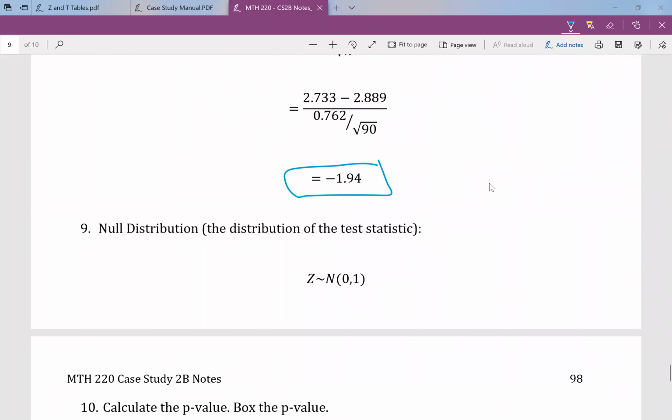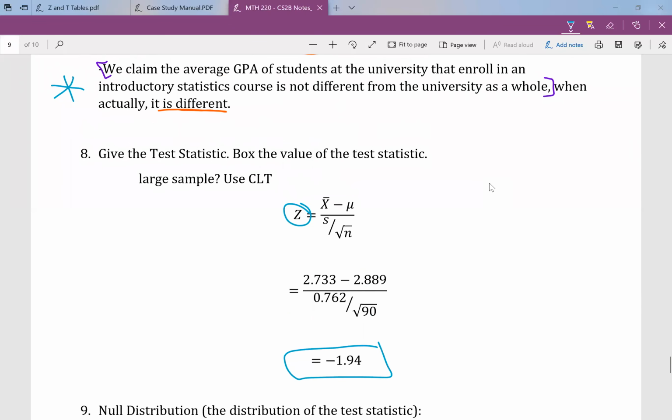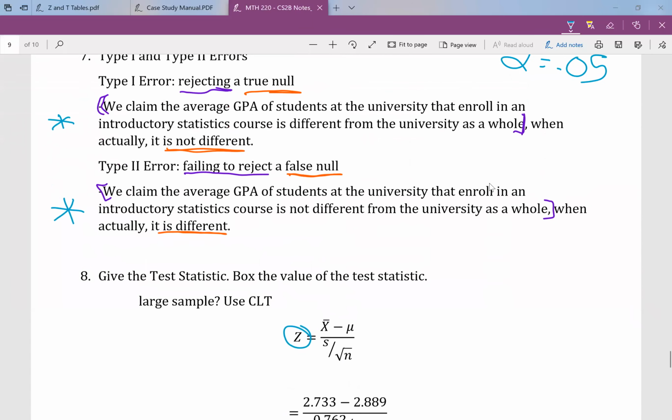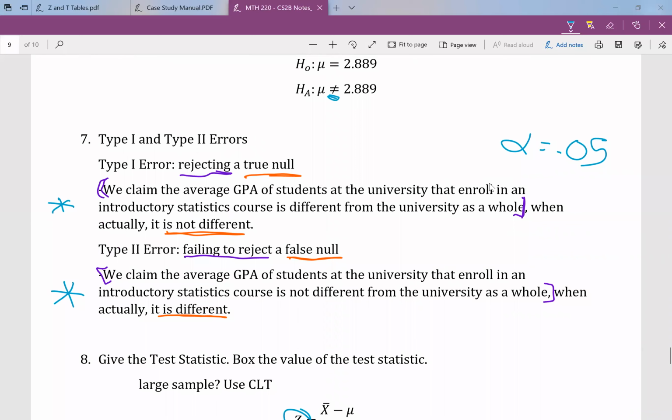The way we always write our p-value statement starts the same: it's the probability of observing the value of our test statistic, or more extreme, if H0 is true. We need that Z test statistic of negative 1.94. It's also helpful to know our alternative hypothesis: HA is mu does not equal 2.889.